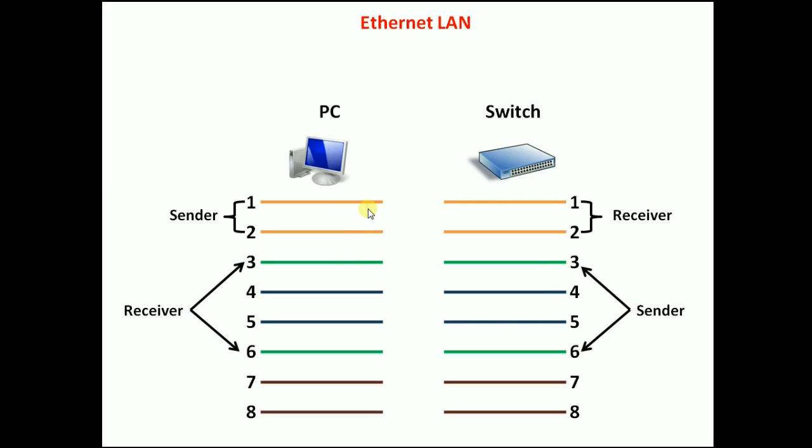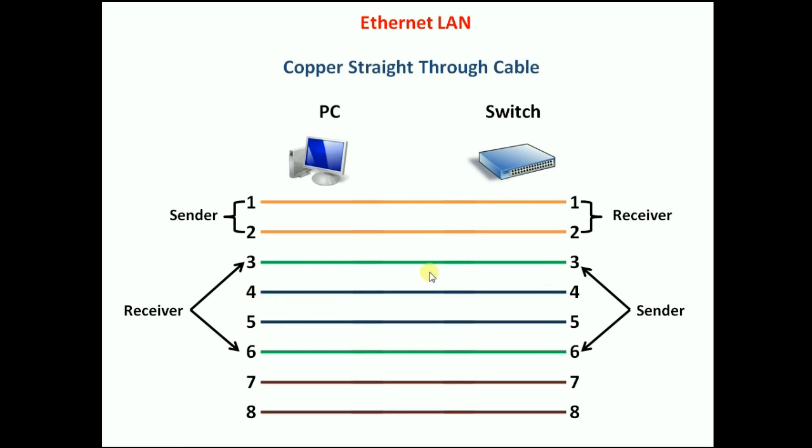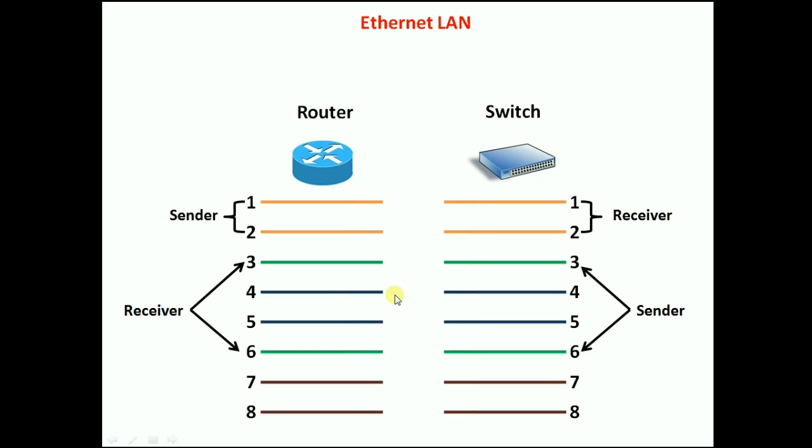So in this case, directly we can connect the wires and then we can send the data. For example, PC will send the data on pins 1 and 2, which will be received by pins 1 and 2 of switch, and switch on pins 3 and 6 can send the data and it will be received on pins 3 and 6 of the PC. So directly we can make the connections, and hence we will be using copper straight through cable.